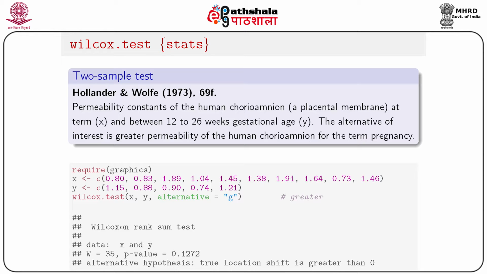And then if you pass X and Y and the alternative equals greater, then it will give you the greater-than, right tail test, and W is 35 and p is 0.12, which is not at all significant.